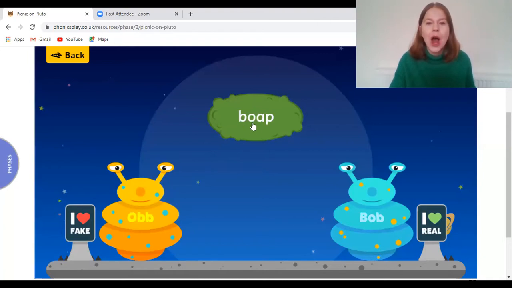B, oa, p, boap. And again, B, oa, p, boap. I know that it is an alien word because I can't think of how I would use the word boap in a sentence. Now let's give it to Ob.